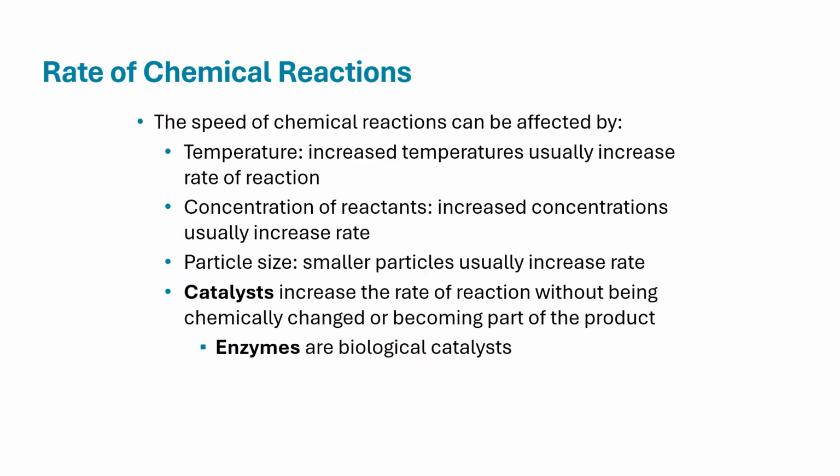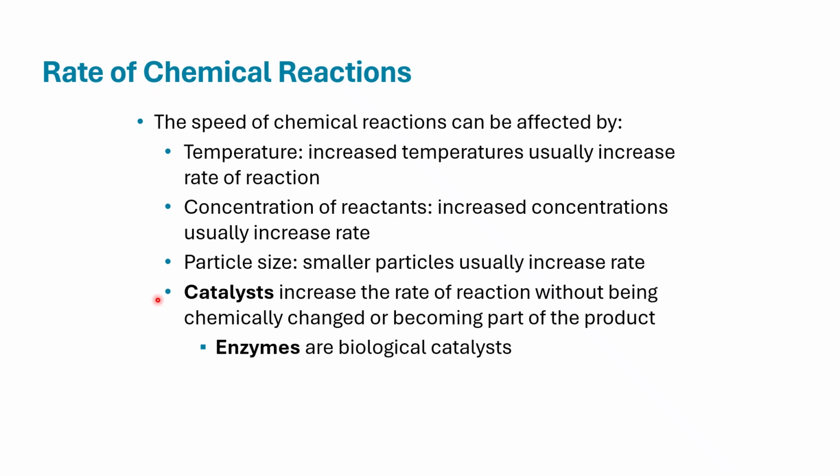The rate. Chemical reactions can be affected by different things. Temperature: increased temperature usually increases the rate, so it speeds it up. The concentration of reactants: the concentration, or strength, of the things you put into the equation usually increases the rate, speeding it up. Particle size: smaller particles usually increase the rate.